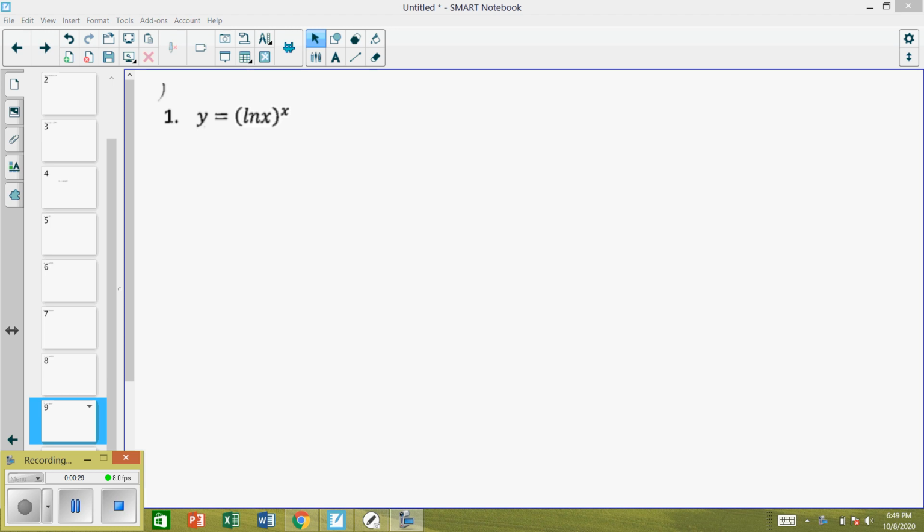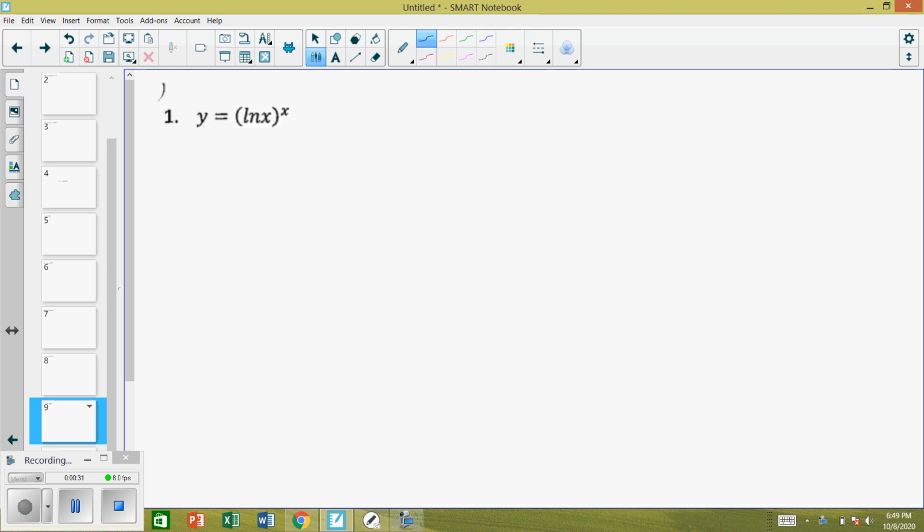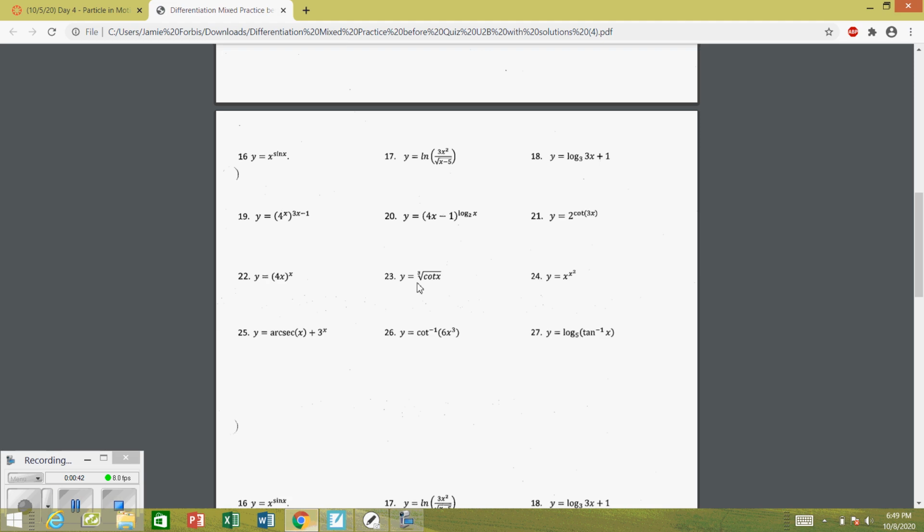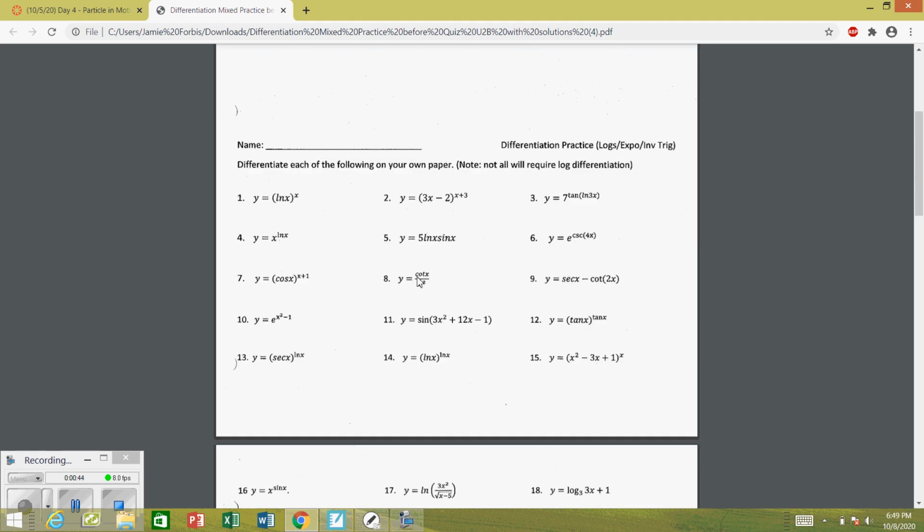All right, so look, there's actually more examples than I remembered being on this review sheet, like number 1 here, where you have a function raised to a function. There are so many examples of this on this review sheet.